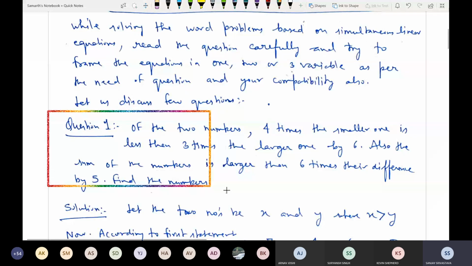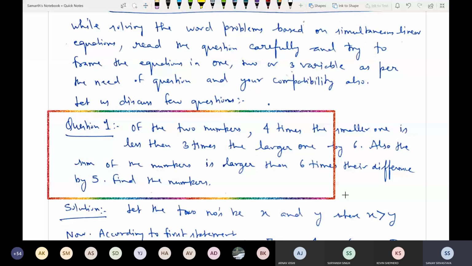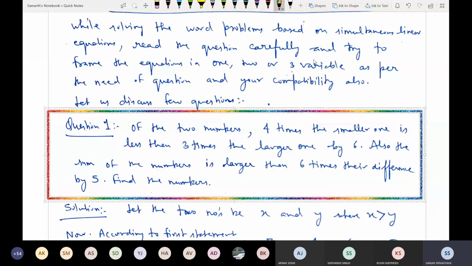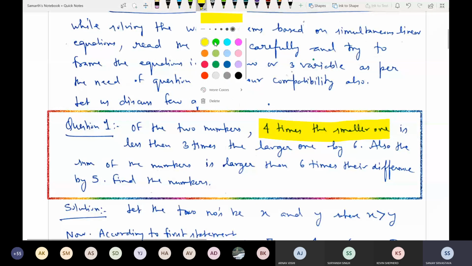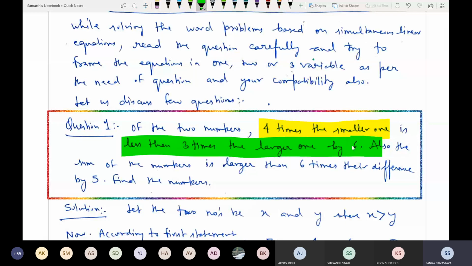The first question is of the two numbers. 4 times the smaller one is less than 3 times the larger one by 6. Also, the sum of the numbers is larger than 6 times their difference by 5. Find the numbers.